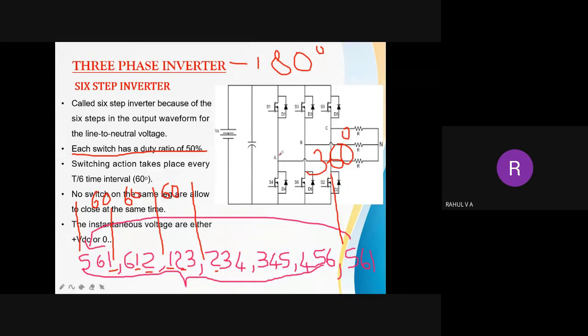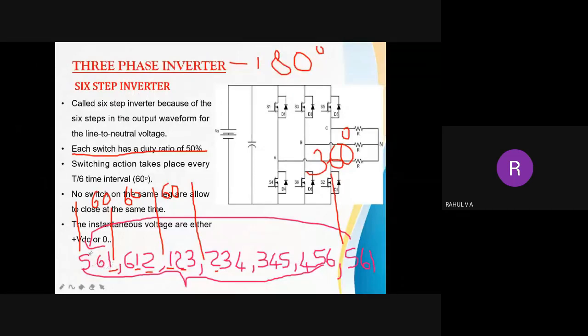In the 180 degree conduction mode, I told you that one switch will be on for 180 degree and each switching cycle is for 60 degree. Now you remember the switching sequence like that. This you have to remember, so it is very easy for you to explain the circuit. It is like 5, 6, 1. You start with 5, 6, 1.